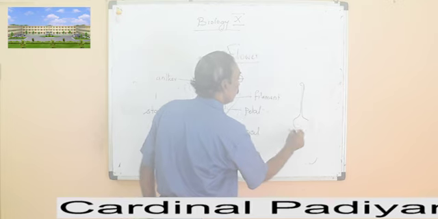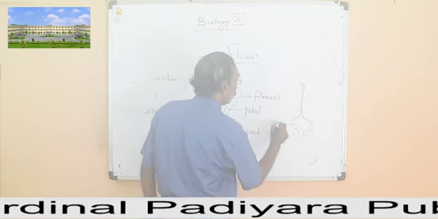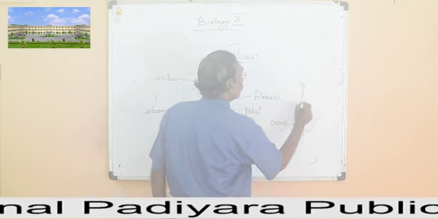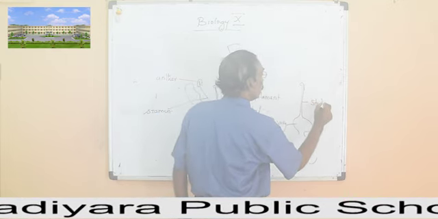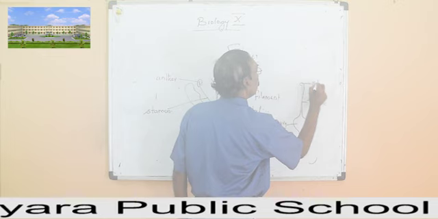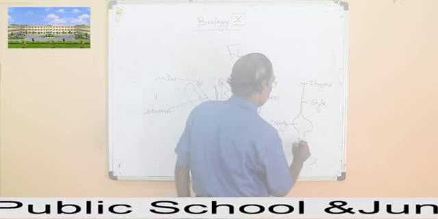If you examine a carpel or pistil, it has a bulged part called the ovary, this elongated part is called the style, and this part is called the stigma. All these three parts together are called pistil or carpel.